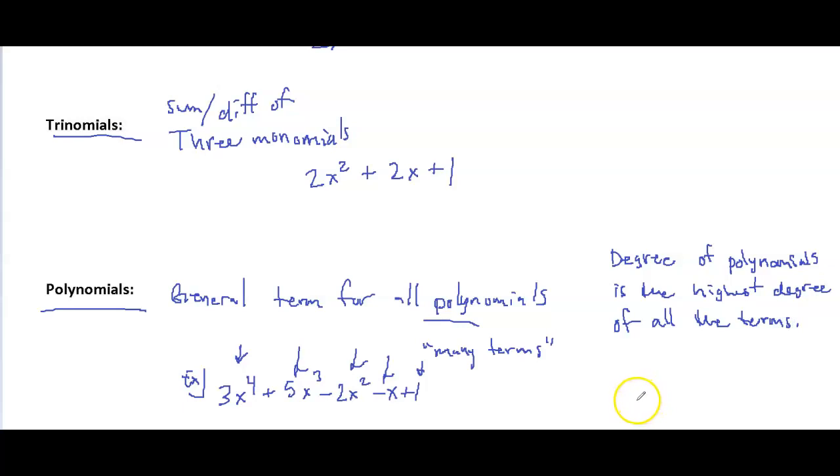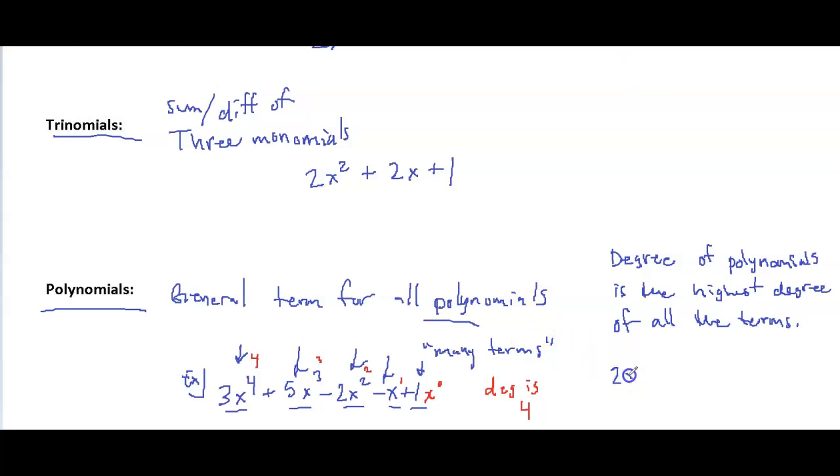So in the example we just did, if we look at the degree of each term, well, this one here, the 1, there's no variable there, so it has a power of 0, degree of 0. The x term, minus x, has a power of 1, so in total it's a degree of 1. The minus 2x squared has a power of 2, total of 2, degree of 2. Next, we have the degree of 3 and the degree of 4. So it looks like the degree of this polynomial is 4.